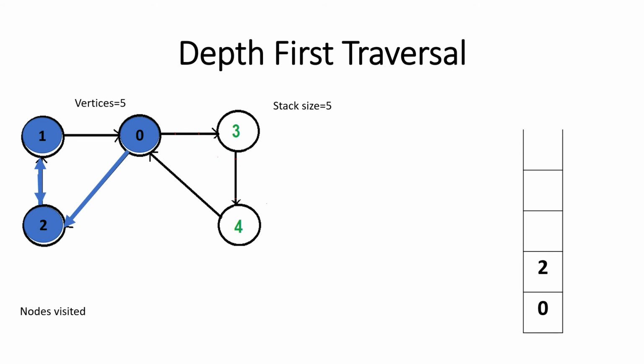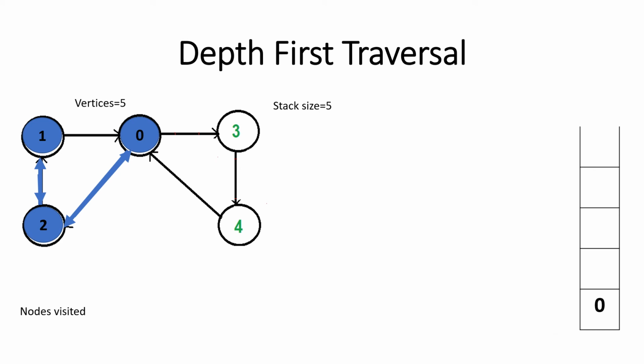Now check whether the current vertex 2 which is on top of the stack is having any other unvisited adjacent vertices. As we can see, 2 is not having any unvisited adjacent vertices. Backtrack and pop the current vertex on top of the stack.